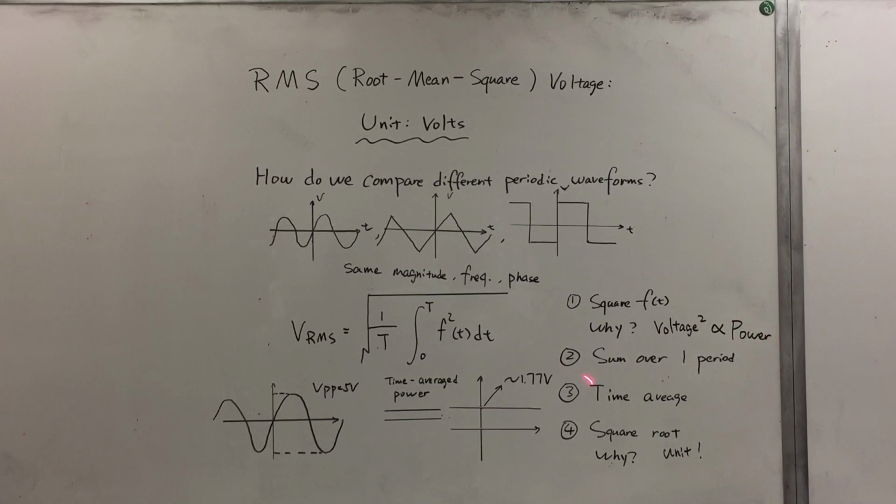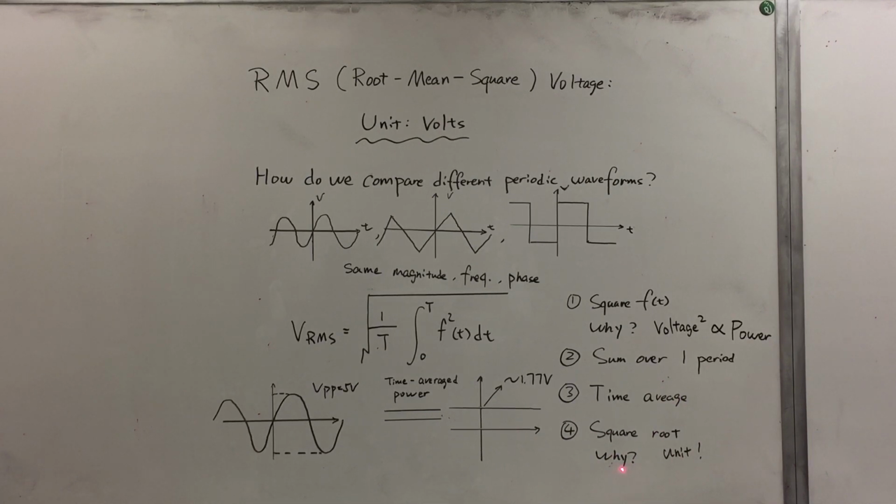The second thing you do is the integral. You sum all the power over one period. At this stage, what you have is the total transmitted power over a period. Then you do the time average, and at this point you have the average power. And the fourth thing you do is a square root.